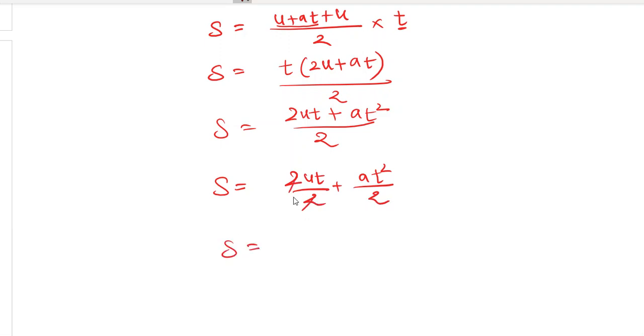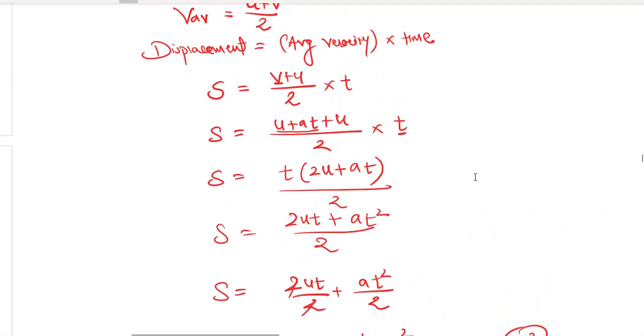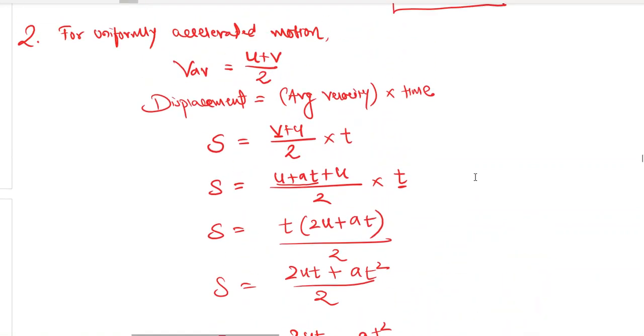That is ut plus half at square. s is equal to ut plus half at square. Correct? So what is this? This is the second equation of motion derived graphically. I'm sorry, algebraically.